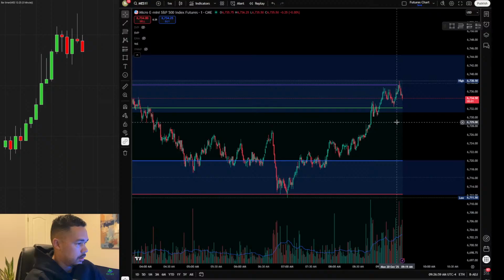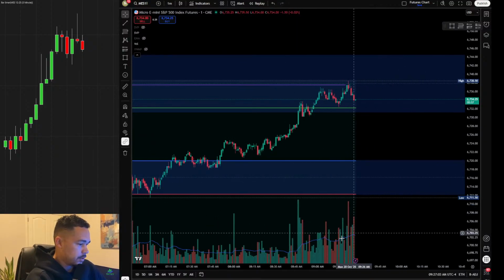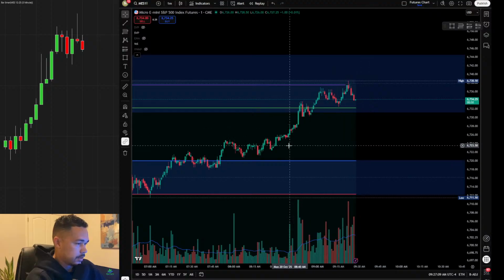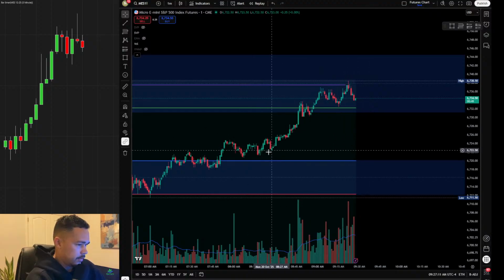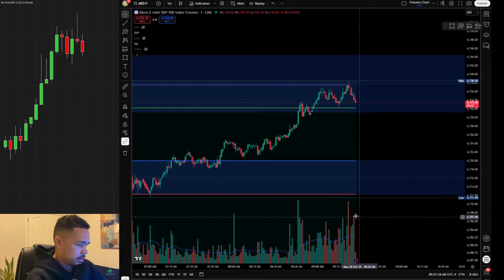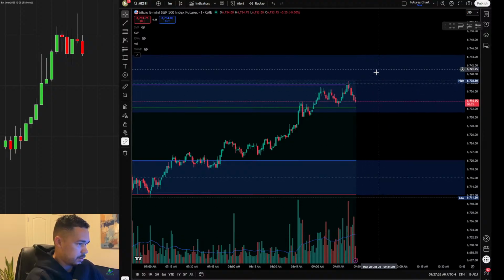So I like to have these significant levels marked out, and then I also have volume as well. I like to see how volume reacts inside of these main areas, especially if this is a resistance level, which it is. I would like to see buying pressure start to decrease as we get into the 9:30 open, and then 10-15 minutes after the open, I want to see buying pressure start to decrease.